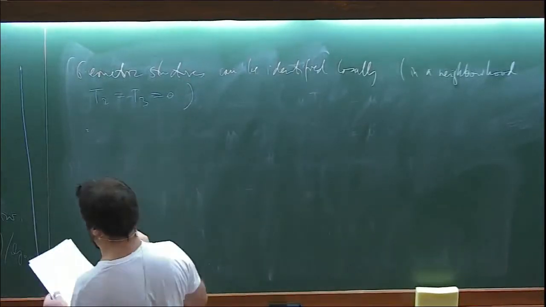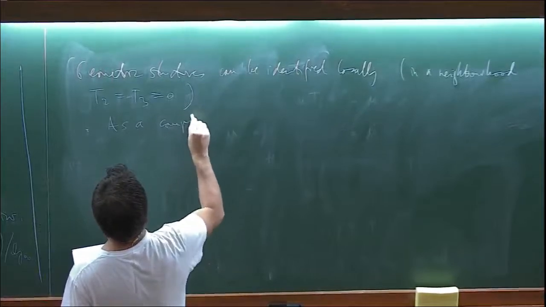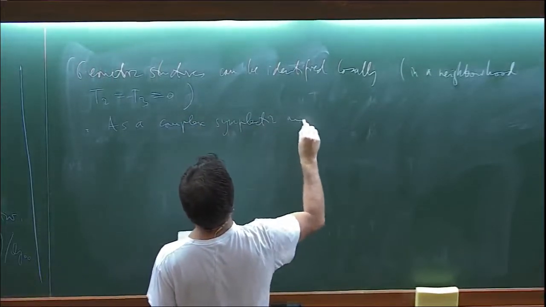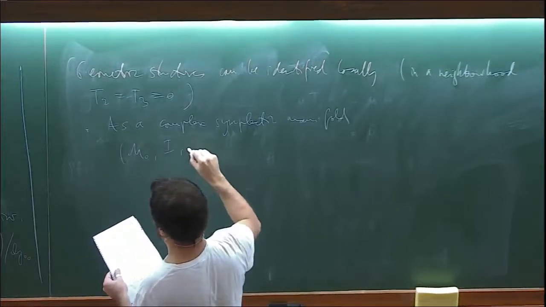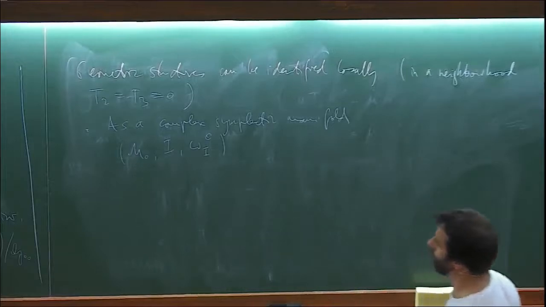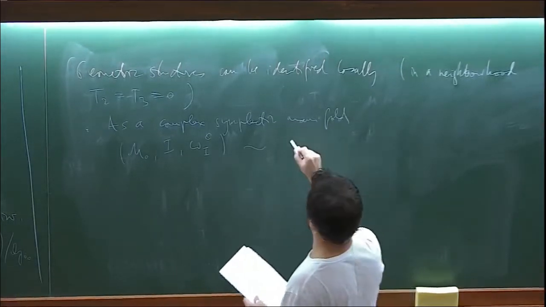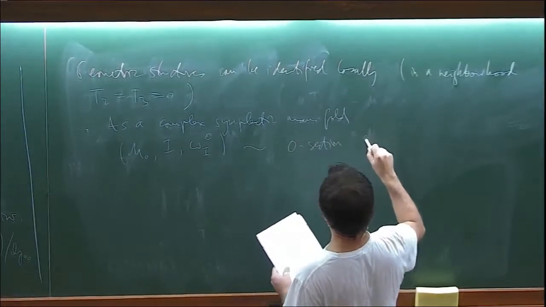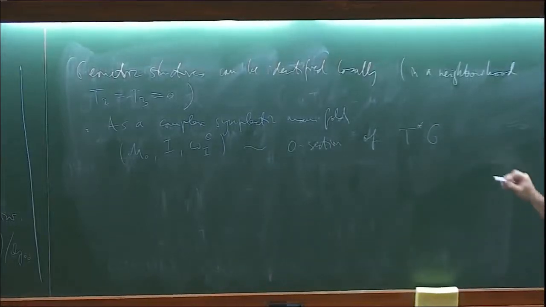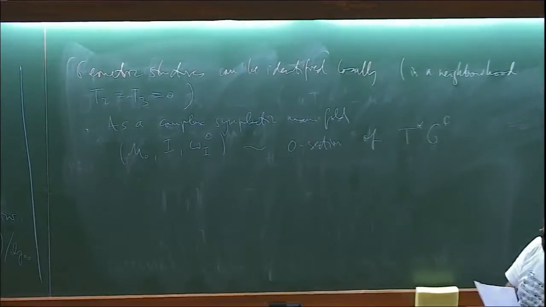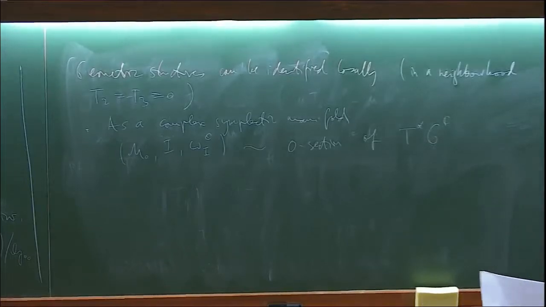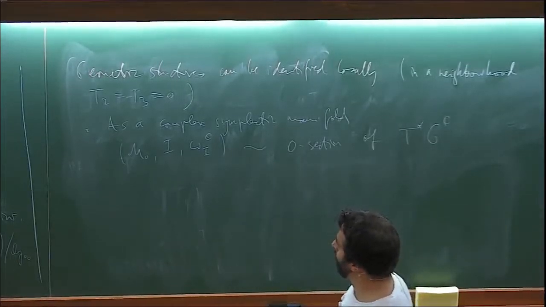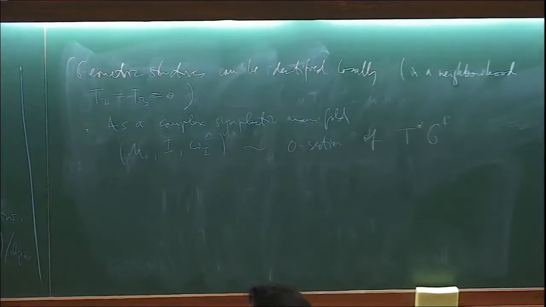So as a complex symplectic manifold, M naught I, this is the complexified, so this is basically the zero section of the cotangent bundle of the complexification of G. This has a canonical symplectic structure, and there's a complex symplectic isomorphism.